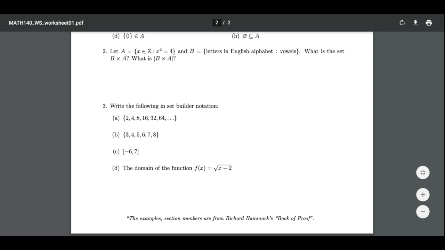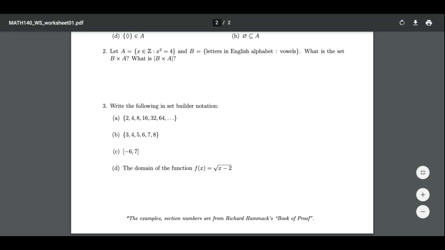Let's see. So we're trying C, right? n in Z. So C is an interval notation, right? It means from -6 up to 7.